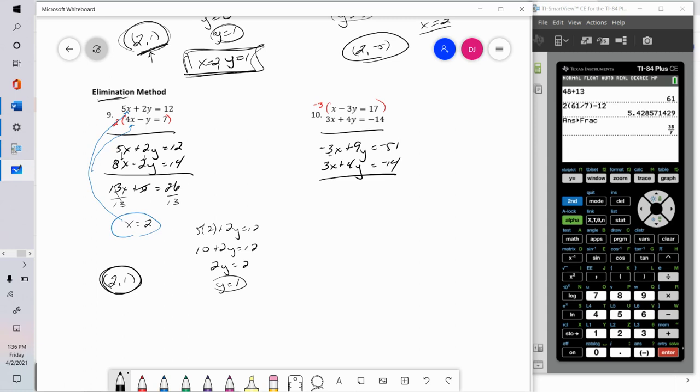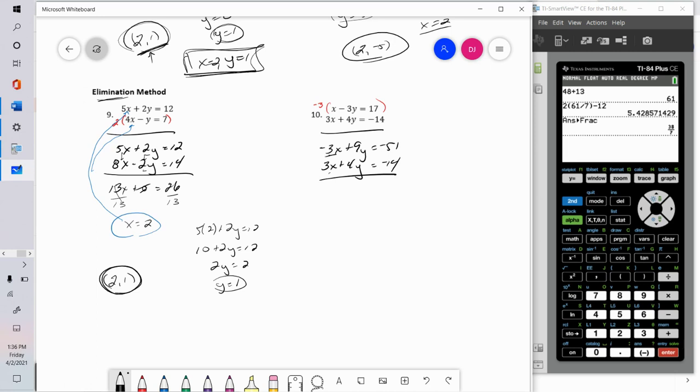So notice here I have a -3x and a positive 3x. That's the goal. In number 9, I had a positive 2y and a negative 2y. That's the goal. So that now when I add these two equations together, one of the terms will cancel out.